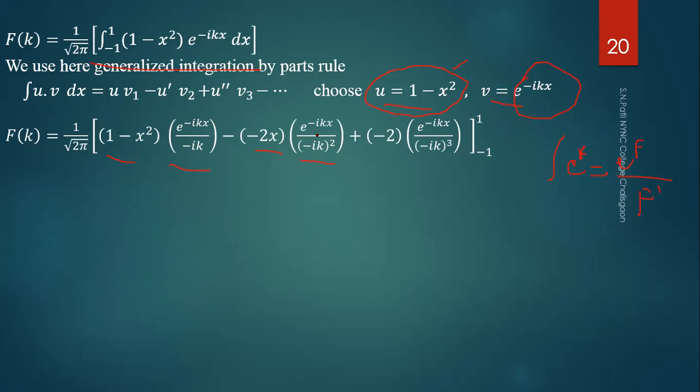Its integration is the exponential function as it is, with the derivative of -ikx being -ik, and with the previous (-ik), the bracket square. Then plus, the derivative of this bracket is -2. Now into v3, the integration of v2 is again e^(-ikx), with the derivative of -ikx being -ik, and with the previous (-ik) square, it becomes (-ik) cube.